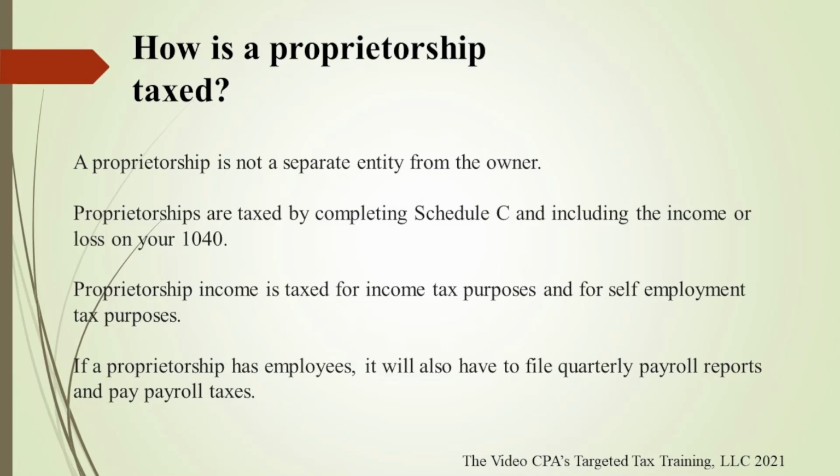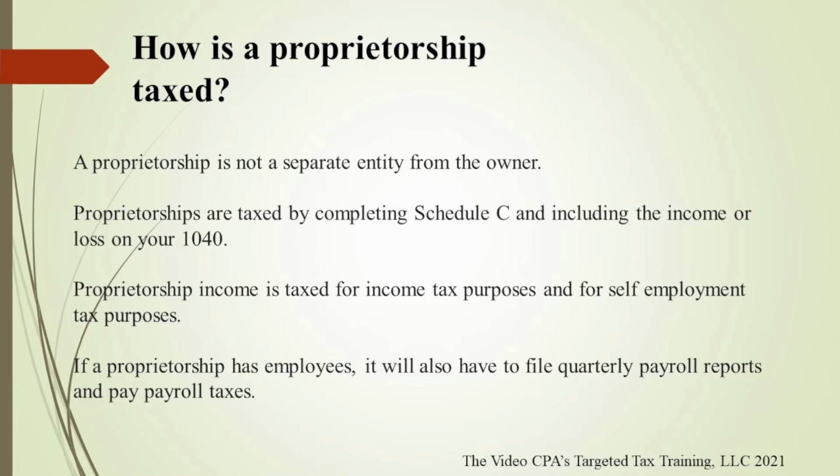All right. And then again, if you've got employees, you will also be responsible for filing quarterly payroll reports and paying payroll taxes for those employees. And in this case, you'll be matching part of that Social Security on their tax returns. So you'll be withholding income tax, you'll be withholding Social Security, and then you'll be matching that Social Security.